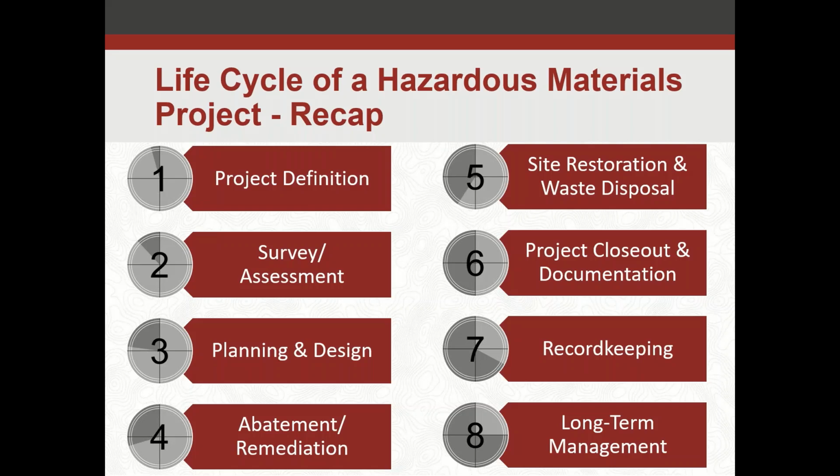Then we're going to get into the actual work that takes care of that hazardous materials or the contaminant concern. Site restoration, waste disposal. Follow that up with project closeout documentation, record keeping process, and finally the long-term management if you do have contaminants of concern that remain on site and how you're going to inspect, monitor, and sample for those.